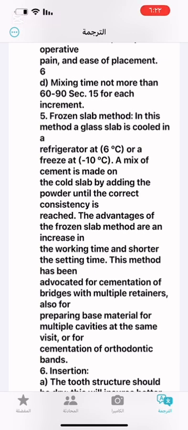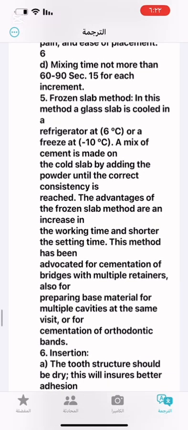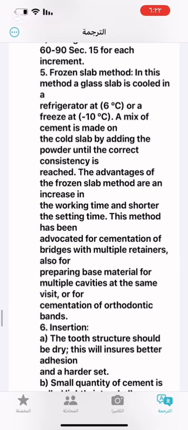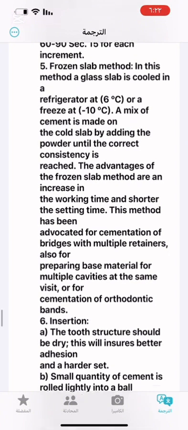15 seconds for each increment. 5. Frozen slab method. In this method, a glass slab is cooled in a refrigerator at 6°C or a freezer at -10°C. A mix of cement is made on the cold slab by adding the powder until the correct consistency is reached.